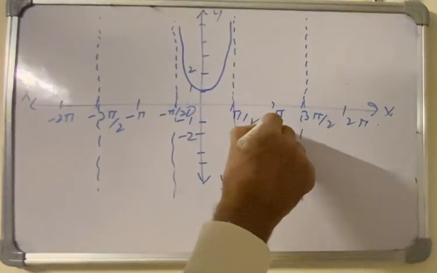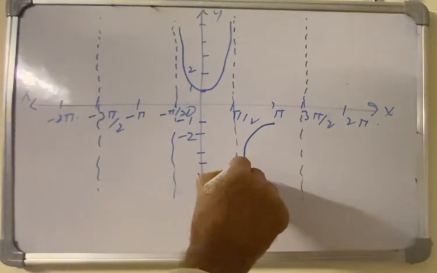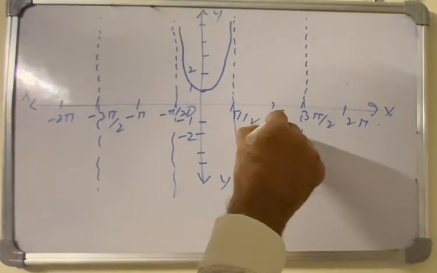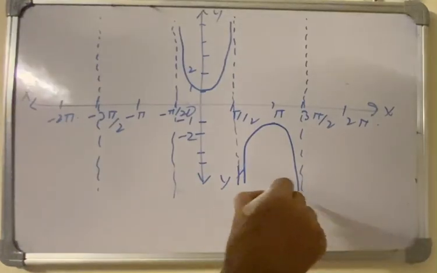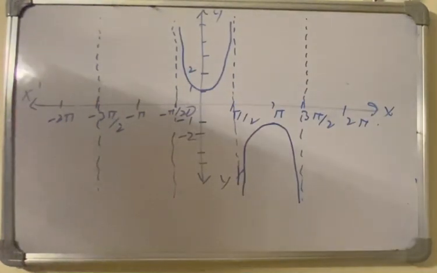So it will return from this point minus 1. Similarly, at 2 pi it is 1.